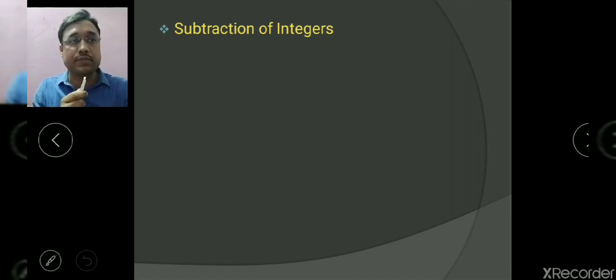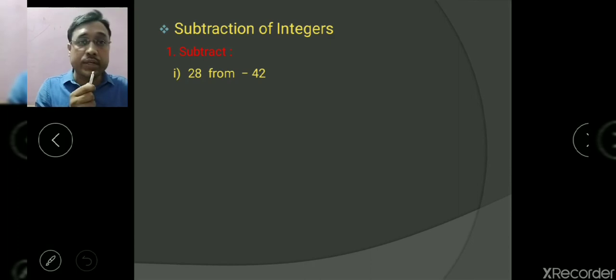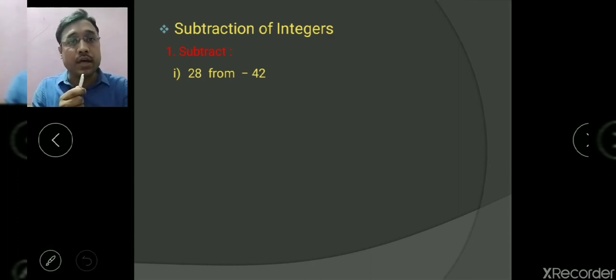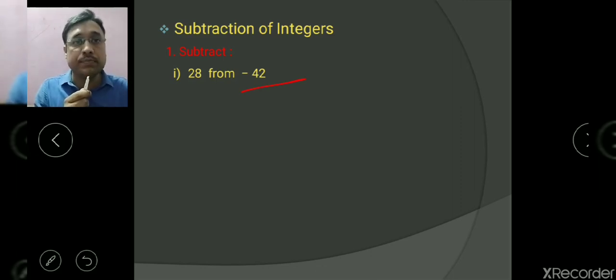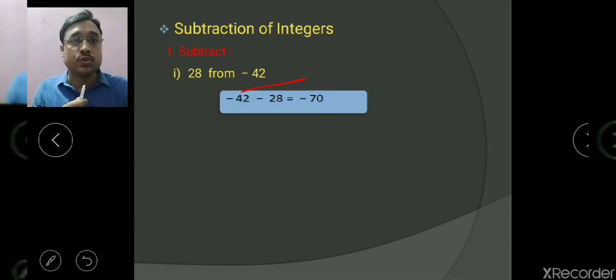Next you see, subtraction of integers. So some questions you have to see here, subtract 28 from minus 42. So how will we subtract that? After all, you have to subtract from minus 42. So first you will keep minus 42, then you will write 28. Okay, so this way we will write minus 42 minus 28, because you have to subtract, so you will write minus 28.